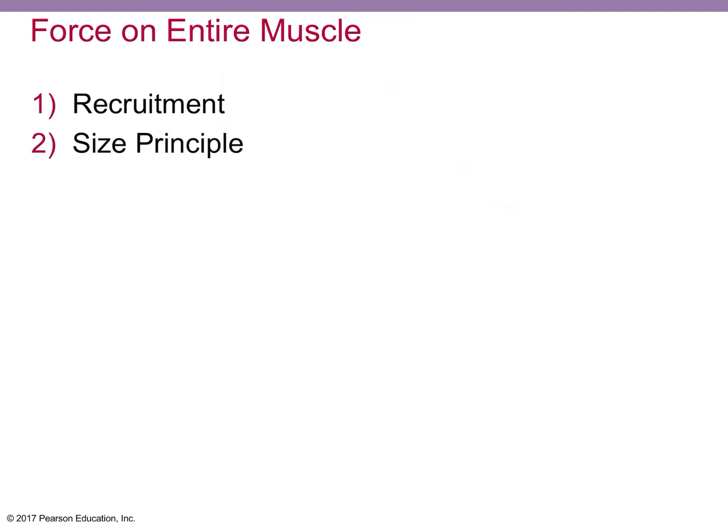All right, so that was the end of the changes in fiber length. So now let's talk about force generated by the whole muscle. So the whole muscle, right, if you want to generate different kinds of force, there's two things that come into play here: recruitment of motor units and then the size of the motor unit.